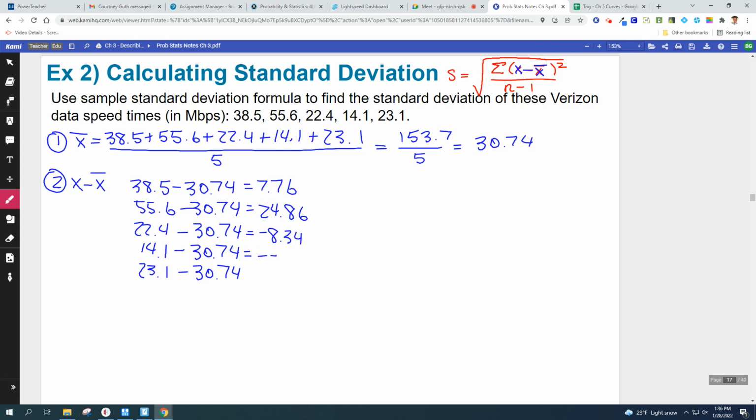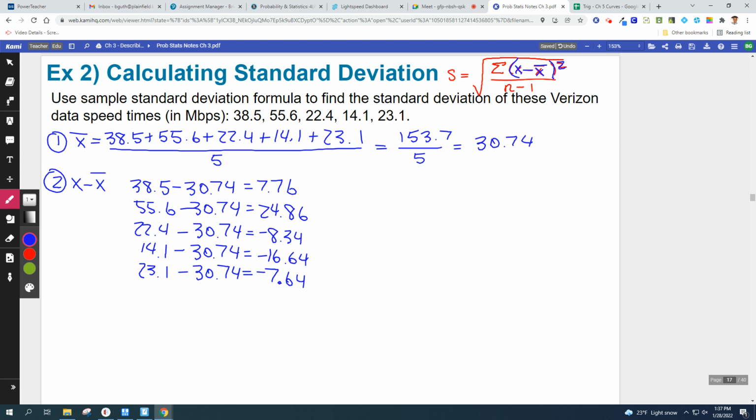Negative 16.64, negative 7.64. Okay. So if you're looking at the equation, if you're thinking about order of operations, you might be able to guess what's next. We have to take that difference and square it.